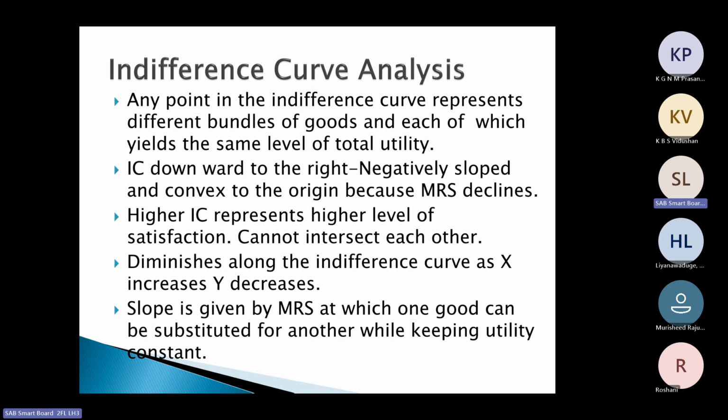So what is the slope? That is the marginal rate of substitution, MRS, the slope of the indifference curve. It is explained by the change, delta y over delta x, since in the indifference curve we take the two axes x and y.